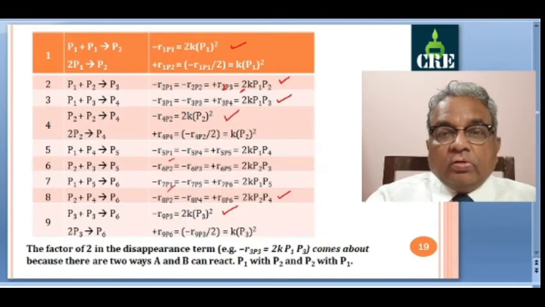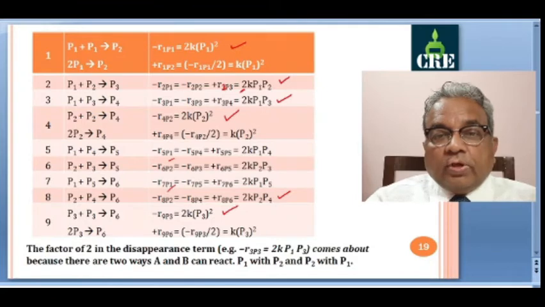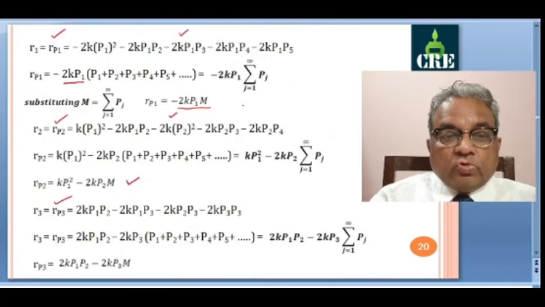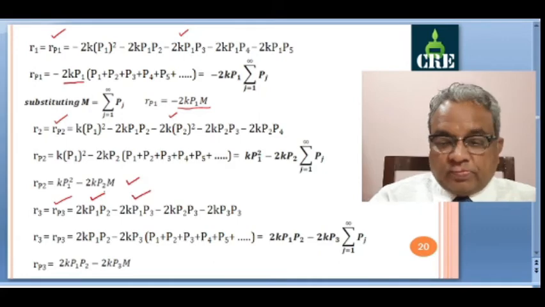Then 2k P1 P2, here this is formed. So we are writing formation, so we will write 2k P1 P2. In this reaction, it is a disappearance term, so we will write minus 2k P1 P3. So 2k P1 P2 and minus 2k P1 P3.